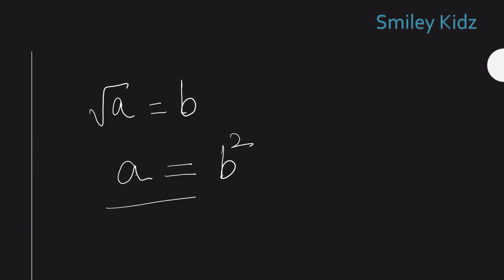Finally, square root of a is equal to b. That means b square is equal to a.